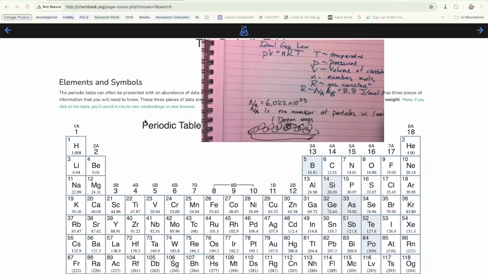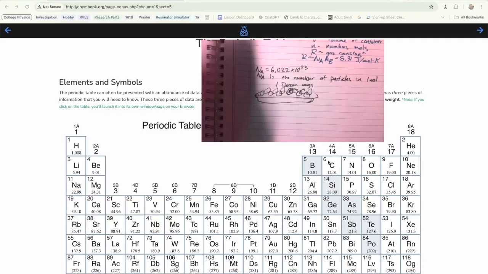And on the periodic table, let's take carbon, for example. Carbon is number 6 on the periodic table. And that number up at the top in the corner tells you the number of protons.